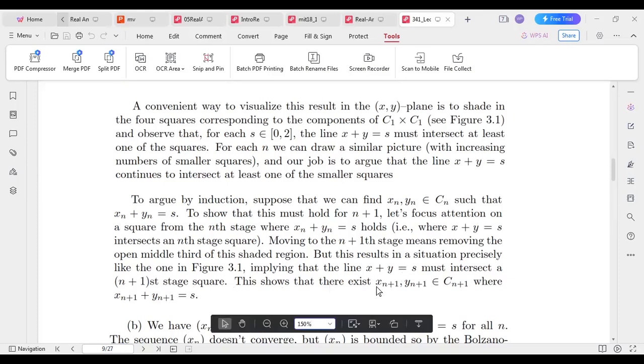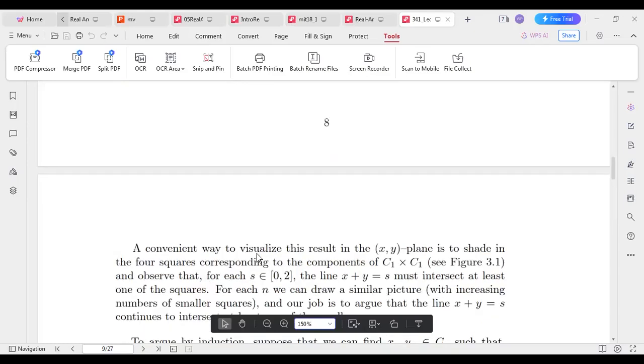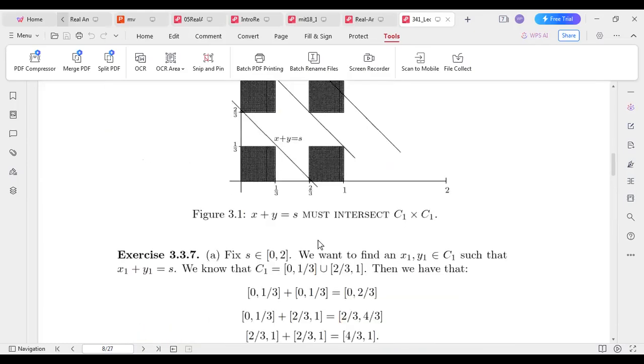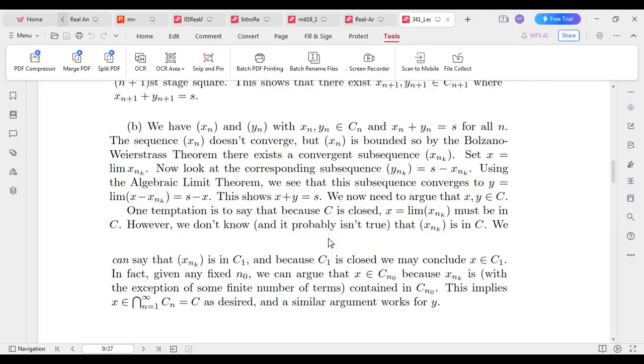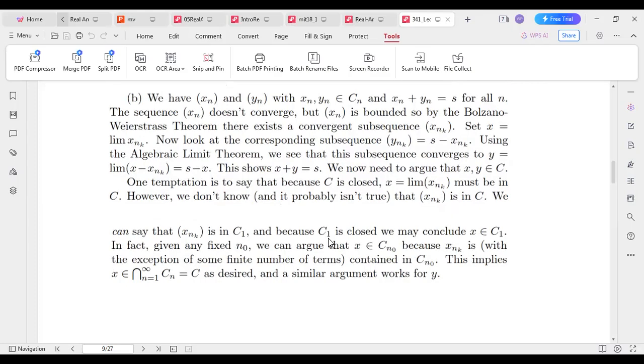This shows that there exist xn plus 1, yn plus 1 belonging to Cn plus 1 where xn plus 1 plus yn plus 1 equals s. So we can show this result by mathematical induction. By using the Bolzano-Weierstrass theorem, since there exists a convergent subsequence, we can also prove these relations.